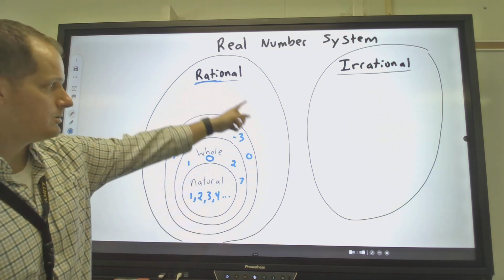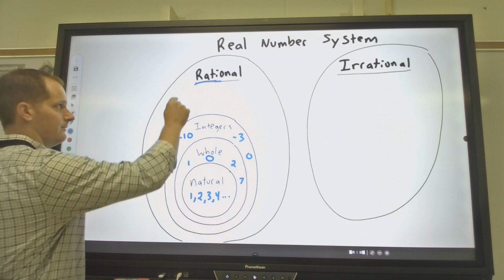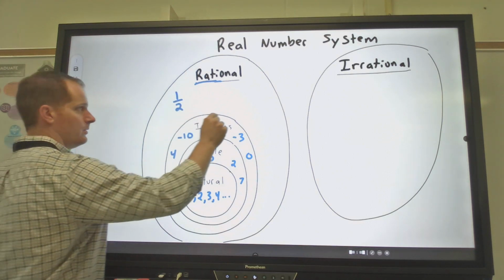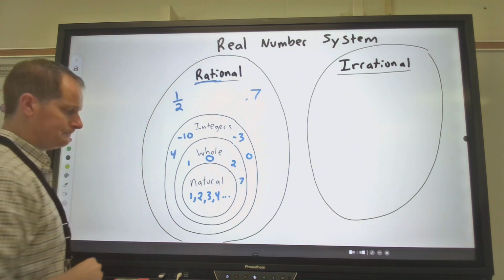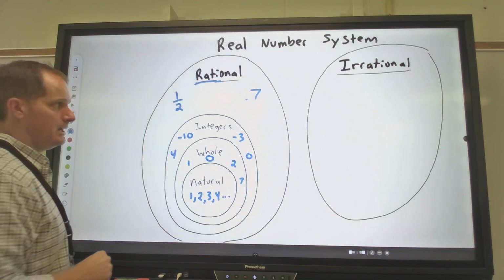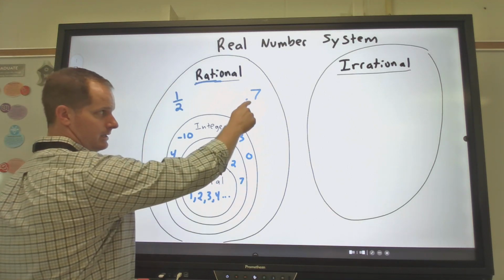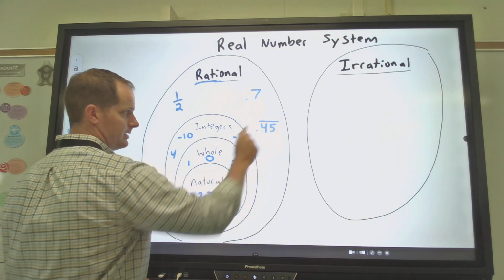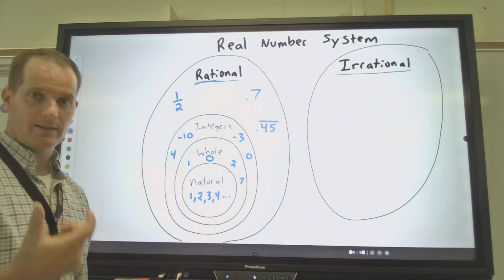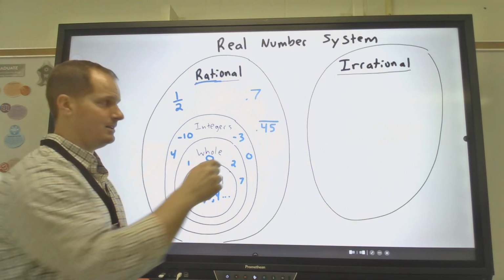So what we start to introduce in the larger realm are things like fractions, maybe 1/2, or decimals, like 7/10. Okay? This also includes decimals that terminate or decimals that repeat. You might see something like this where you have 0.45 with a line over it, which means that it goes on infinitely.